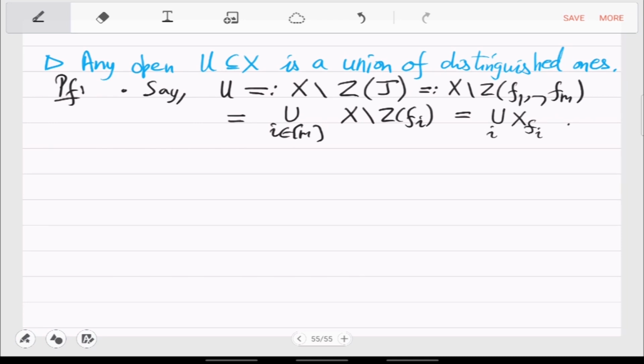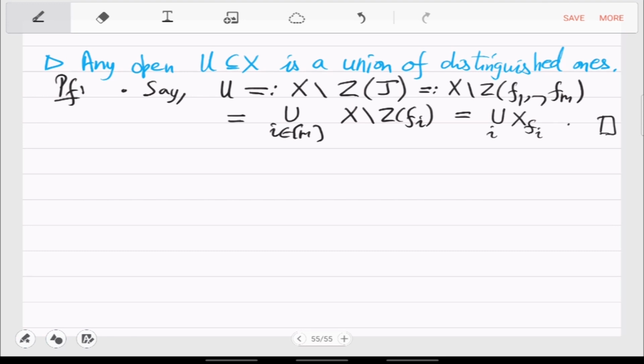Is that clear? Because complement means that one of the fi's will be non-zero, right. So any point in the complement will be available in some Z(fi) complement for some i. So in other words, open sets are union of finitely many distinguished ones.